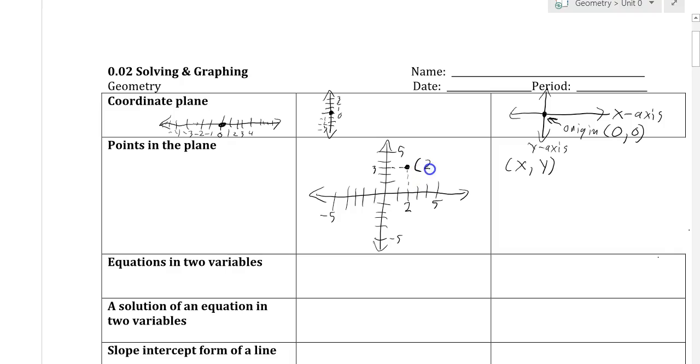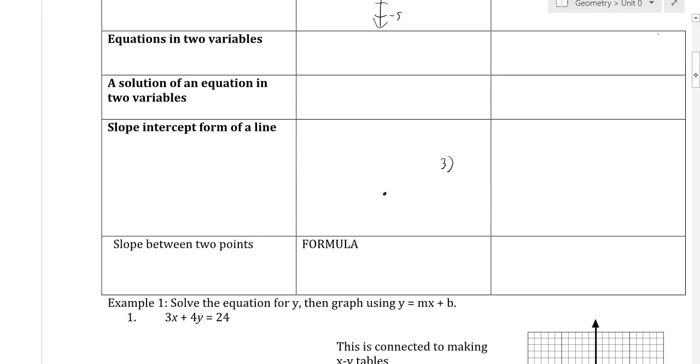From the origin, its x is 2, its y is 3, which gives us the name of the point. So naming our points is very important. We've got to know how each point in the plane is defined. We're going to talk about movement between 2 points, the slope of a line, in a minute. Hopefully this is all easy review for you.